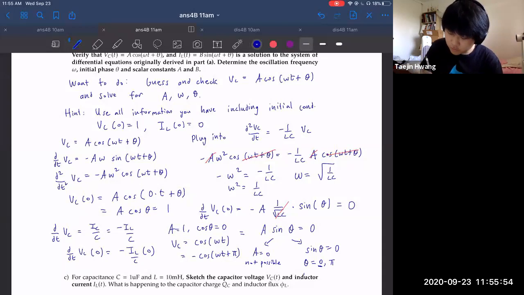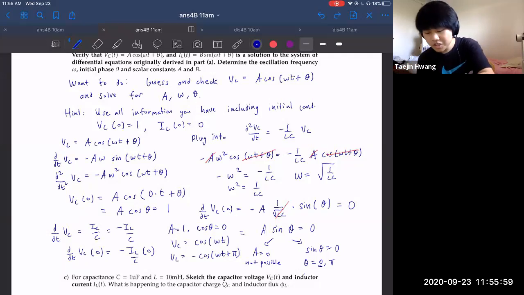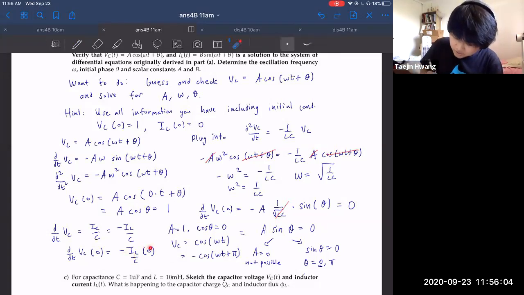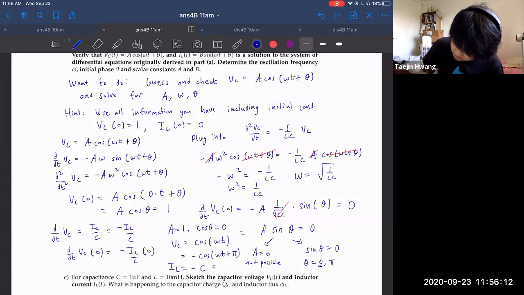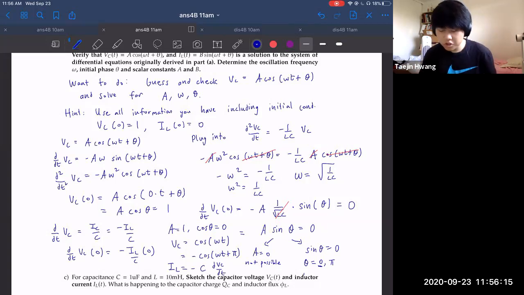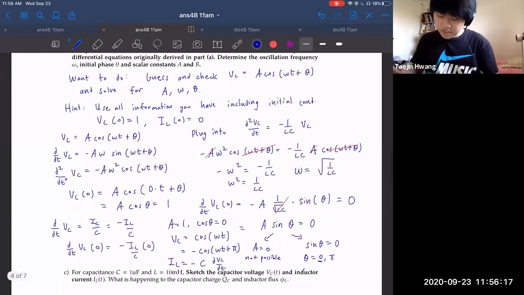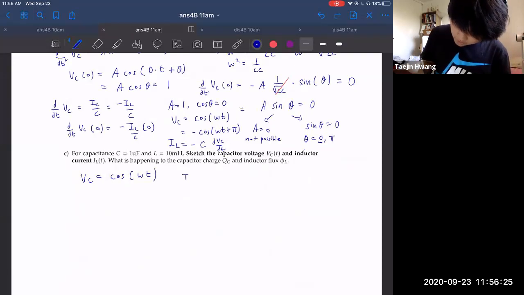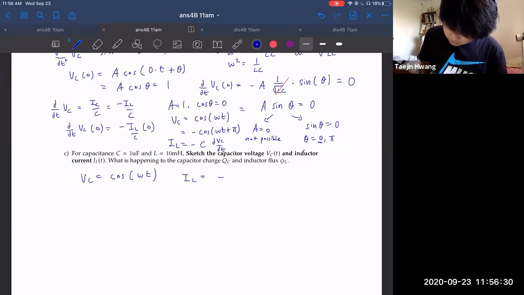And we solve for VC. We could do the exact same guess and check process to solve for IL, but I think a smarter way to solve for IL is just to realize that IL is equal to minus C dVC dt. If we took the derivative of that, I'm running out of space here, but you could show that VC is cosine of omega t, and IL is equal to minus C times negative sine of omega t, so you have a double negative.